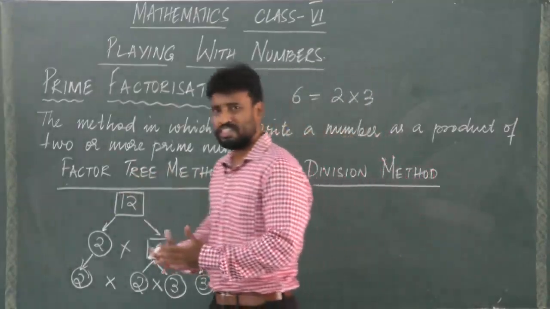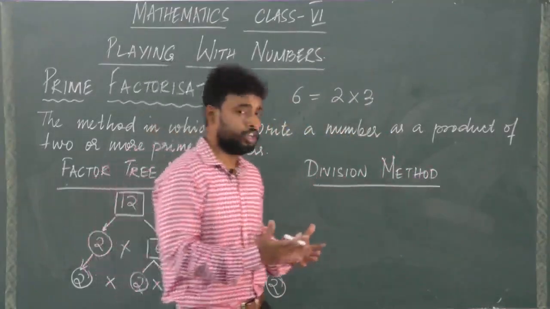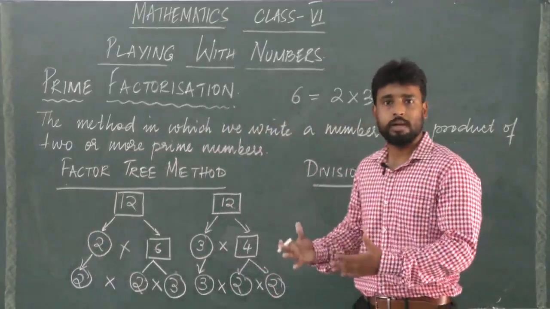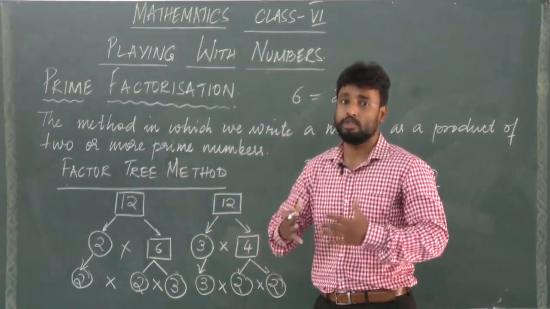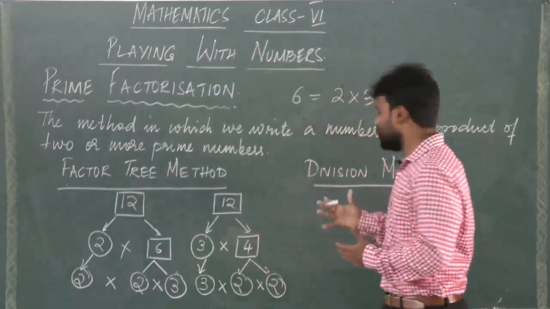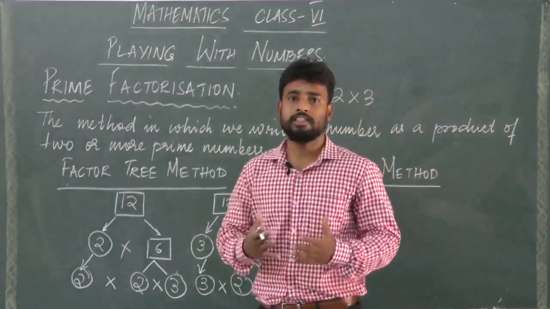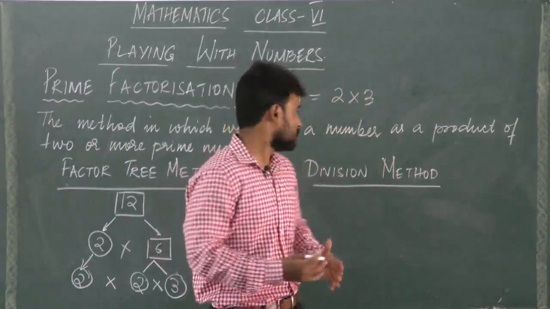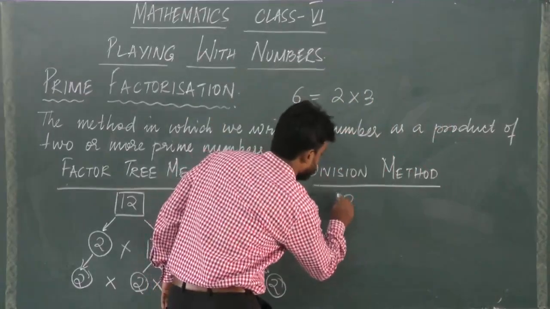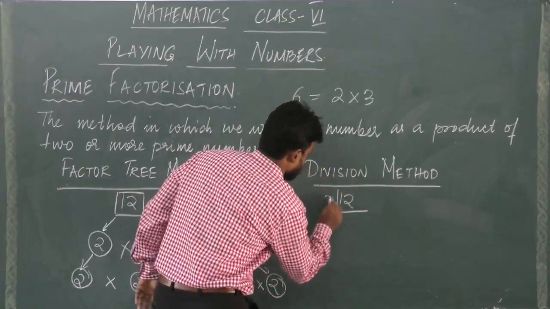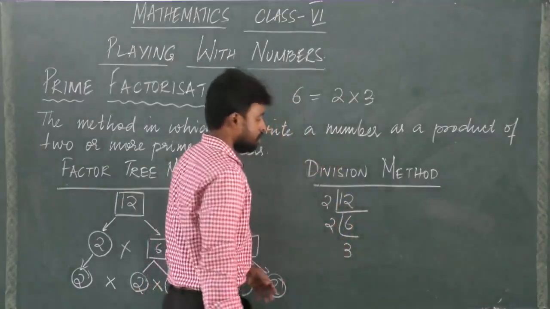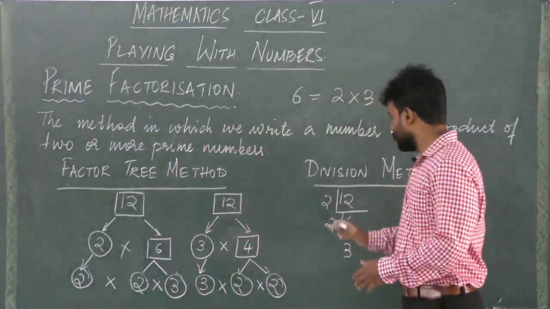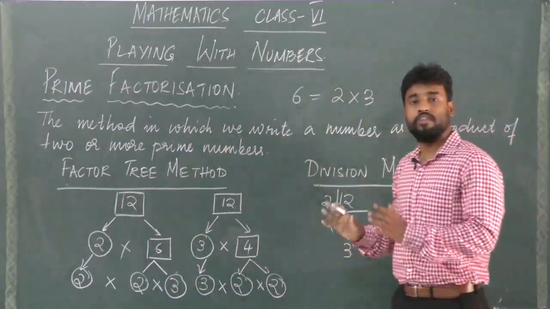Now this method is not so much in use, but still, to understand prime factorization, this is a very good method to understand the concept. Now let us come to the division method. Let us see what we do in the division method. First we take 2. We always take prime numbers.